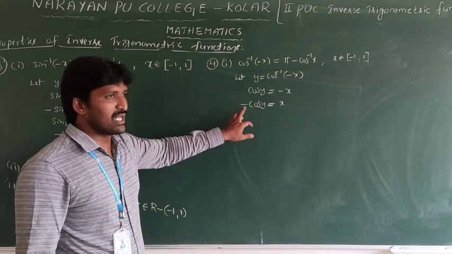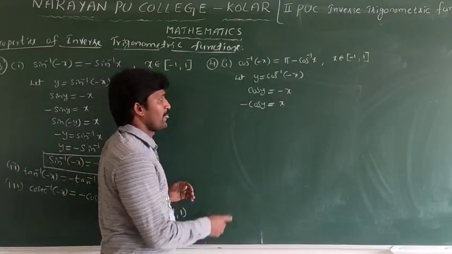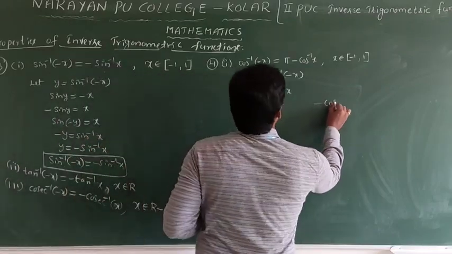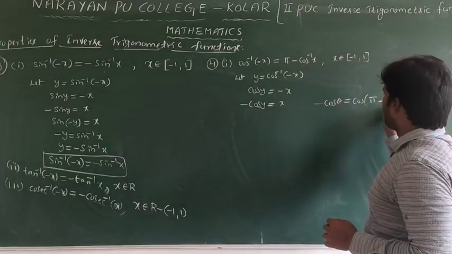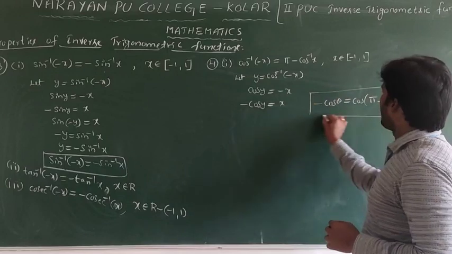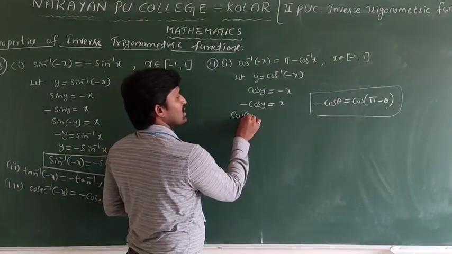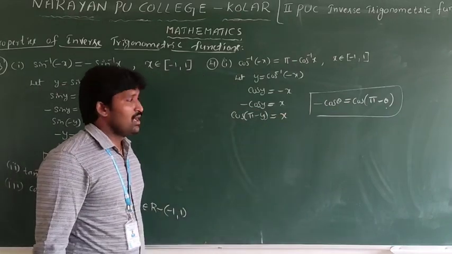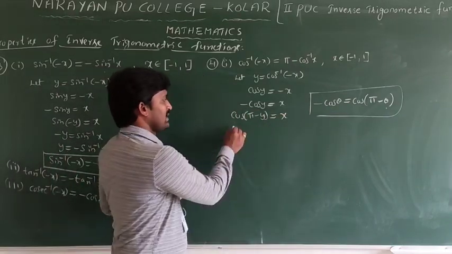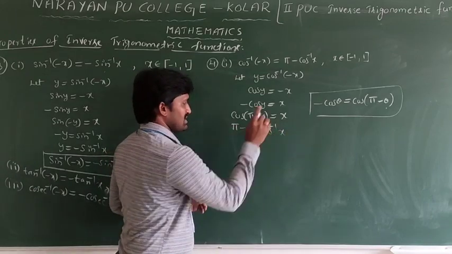But here we are not able to take the minus inside, because cos of minus y is not equal to minus cos y. Minus cos theta we can write as cos of pi minus theta. We have a formula for that. So minus cos y we can write as cos of pi minus y equal to x. Now take cos to the right side: pi minus y equal to cos inverse x.